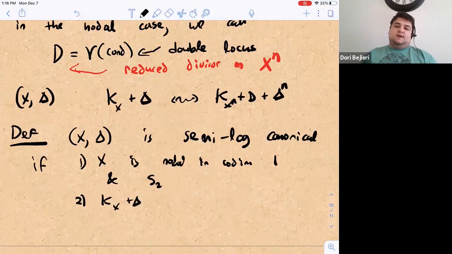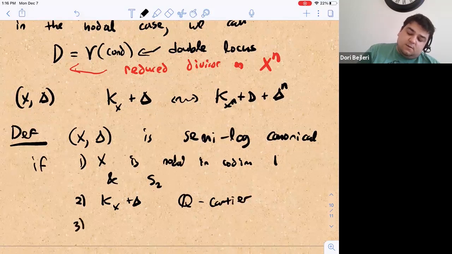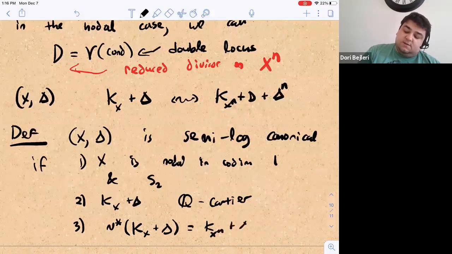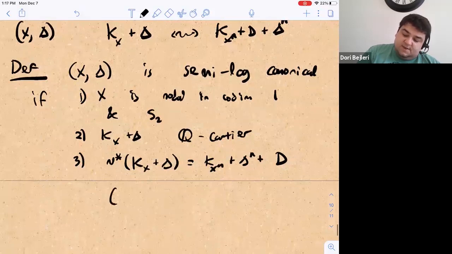We need Q-Cartierness to talk about pullbacks and to intersect with curves. Everything we're doing needs Q-Cartier, just like in the normal case. And 3, if we write the pullback to the normalization as kxn plus delta n plus the double locus, then we have to assume that xn, delta n plus the double locus is log canonical.